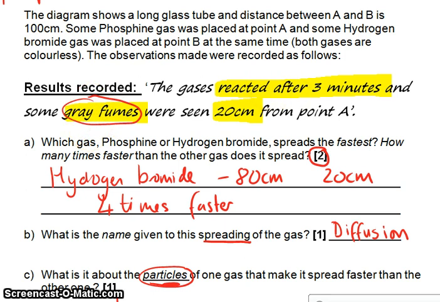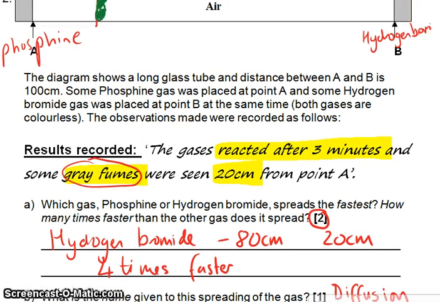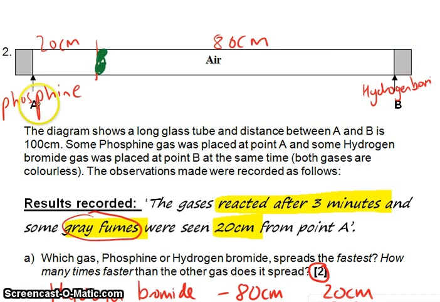However, by warming point A, hopefully what you'll realise, if you think about it, is the phosphine is going to get more kinetic energy, and therefore it will probably be able to travel further, and so your grey fumes will occur further along the tube, so you'll probably see them somewhere down here instead.